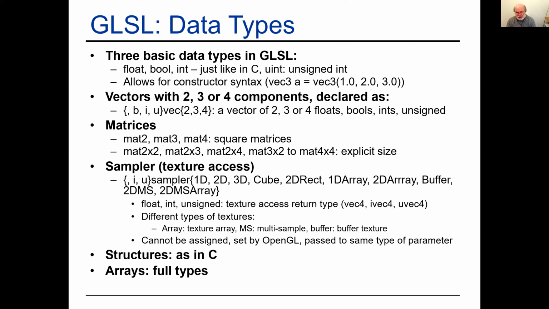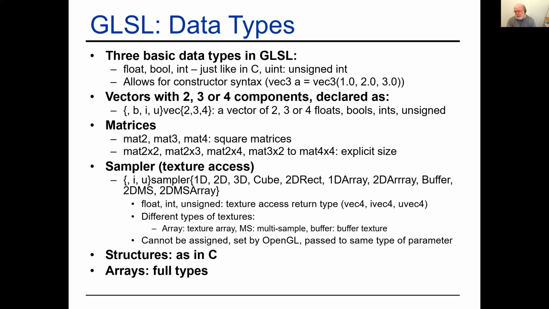There are samplers. Essentially, samplers allow you to access a texture. Again, the texture itself you handle through OpenGL, but the way to use the texture is through a texture sampler, which is essentially, again, a data type in GLSL. And there are different forms of samplers in terms of what type of textures they sample and what they return, whether that's a float, an int, or so on, and whether that is actually a vector, right?